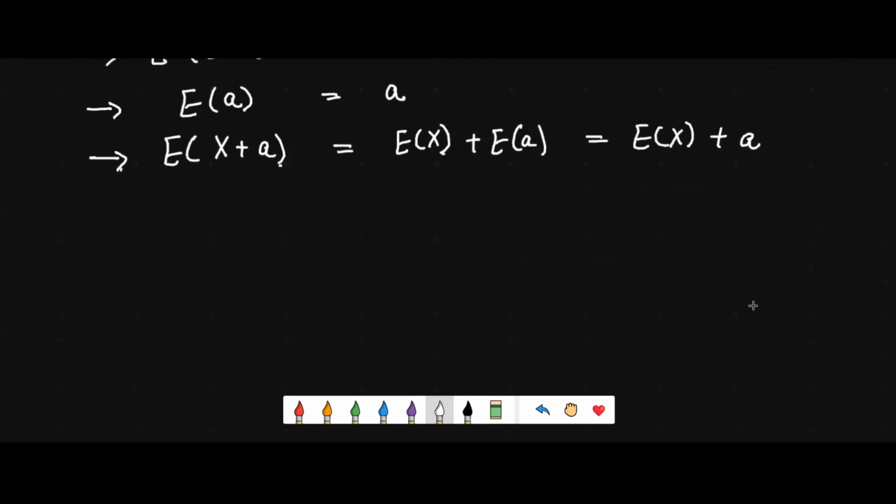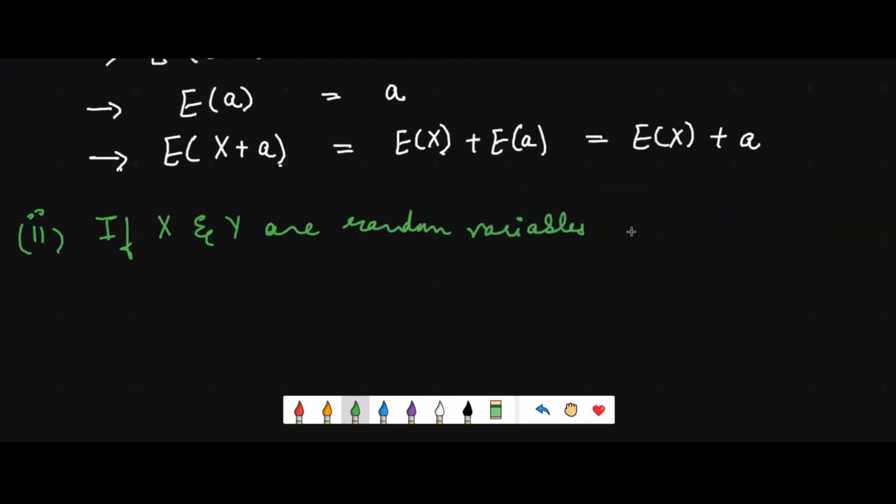So next we have the second property in which we are talking about two random variables. They could be anything, they can be discrete or they can be continuous random variables. The properties remain the same.